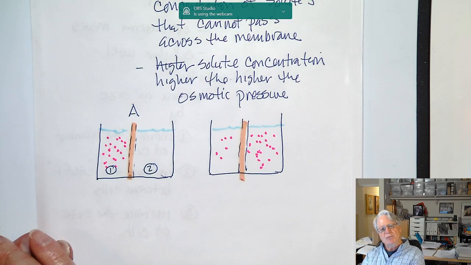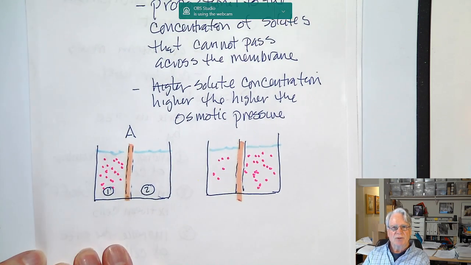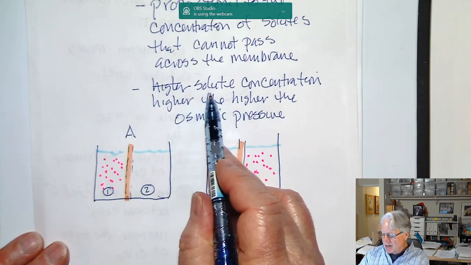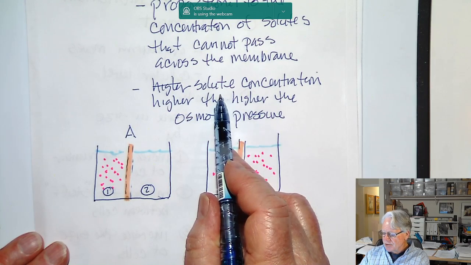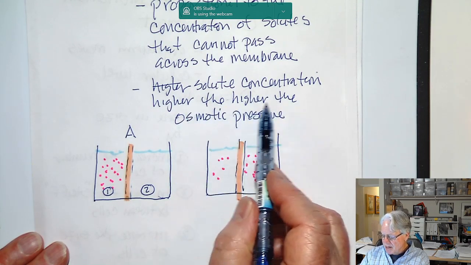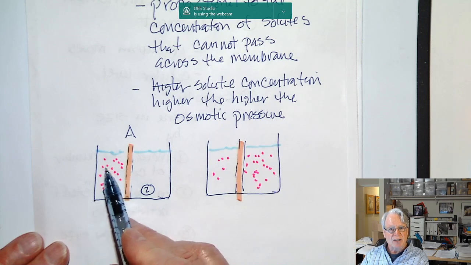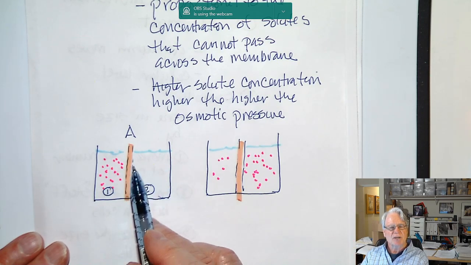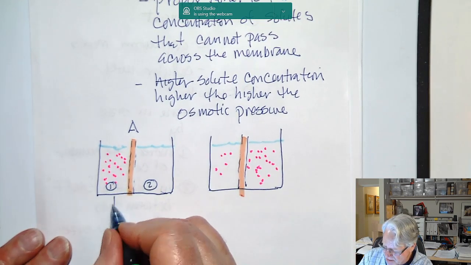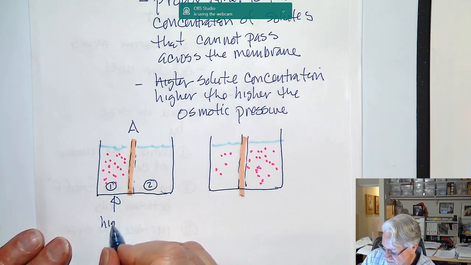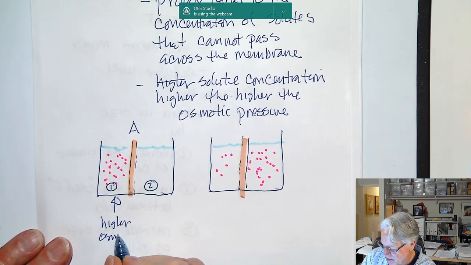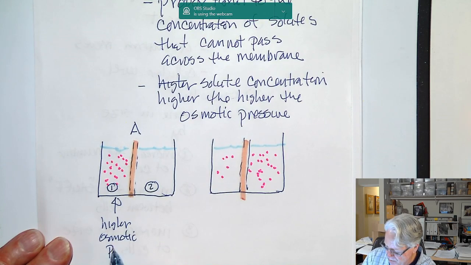The higher osmotic pressure. So let's go back to our statement. The higher the solute concentration, the higher the osmotic pressure. So clearly this has a higher osmotic pressure than that. So this has the highest osmotic pressure.